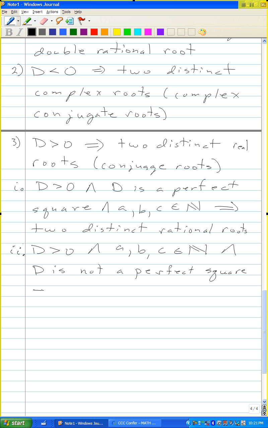Then in this case, since A, B, and C are natural numbers, I'm adding and subtracting the square root of something that's not a perfect square, so I'm adding and subtracting some sort of irrational number.